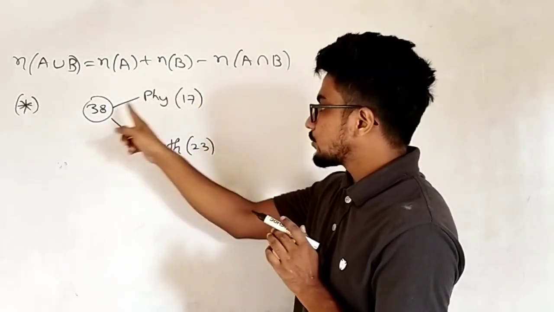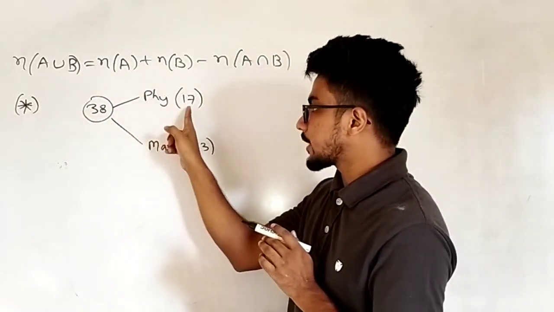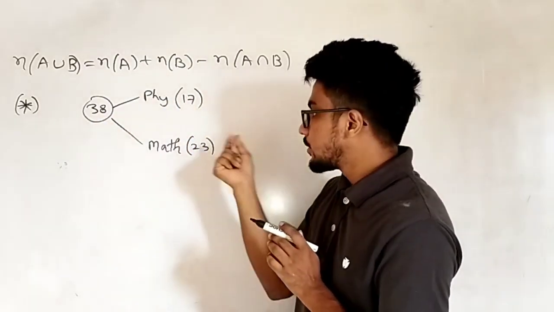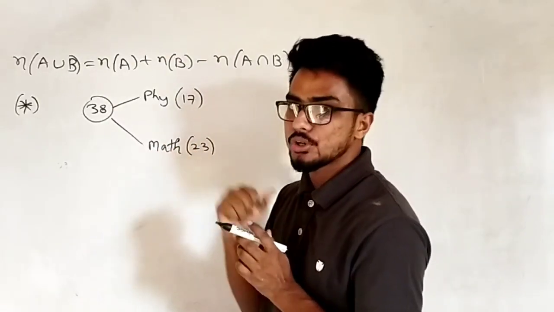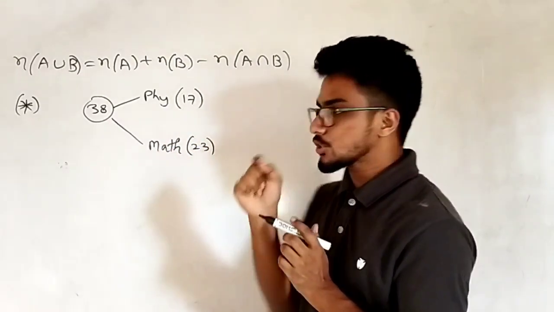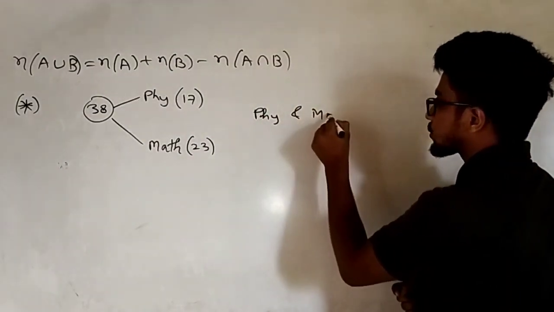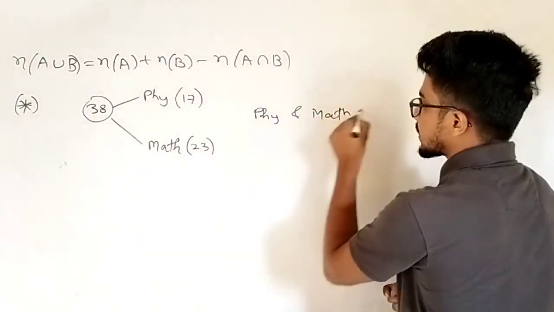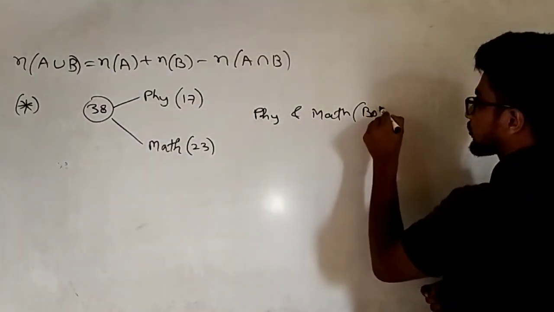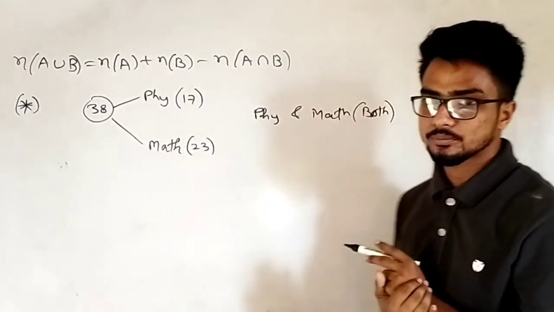Suppose out of 38, 17 students read physics and 23 students read maths. We have to find how many students read physics and maths both.